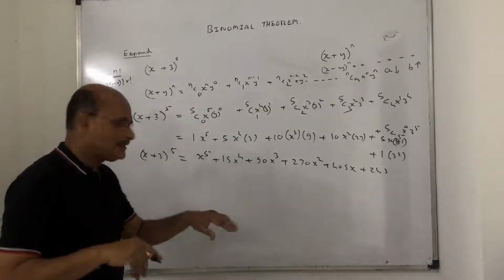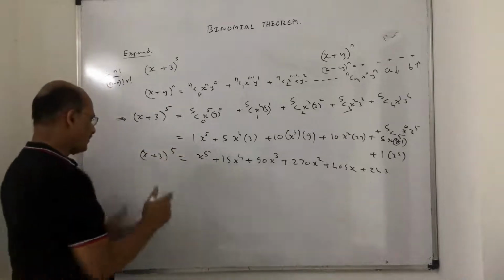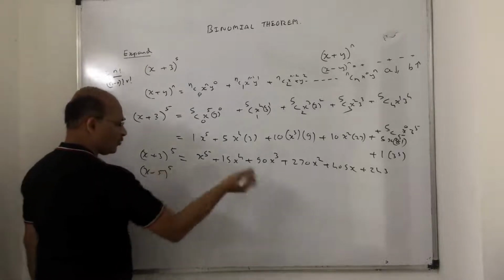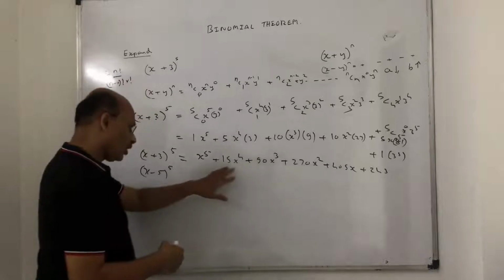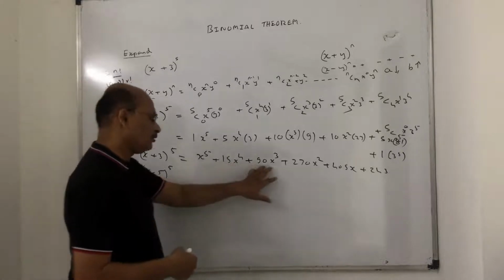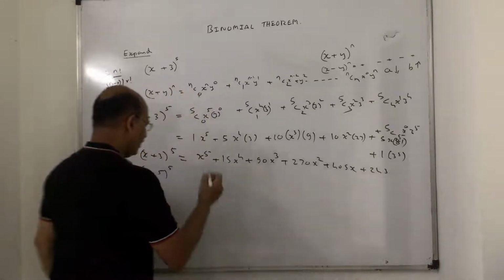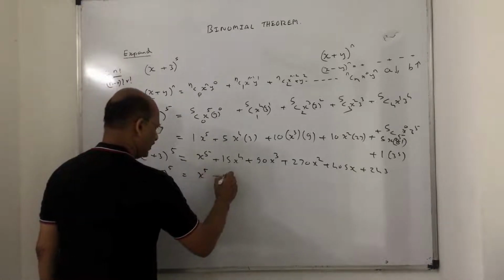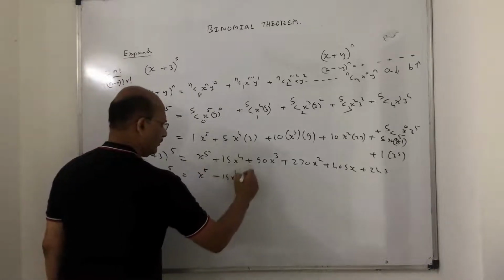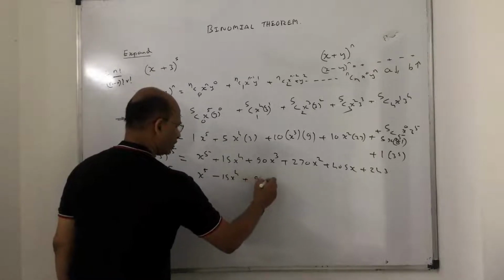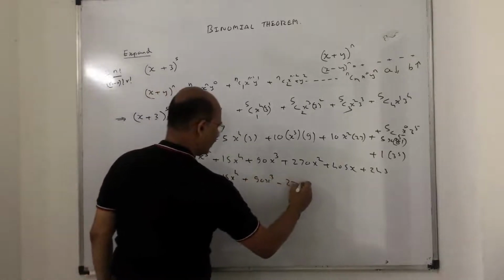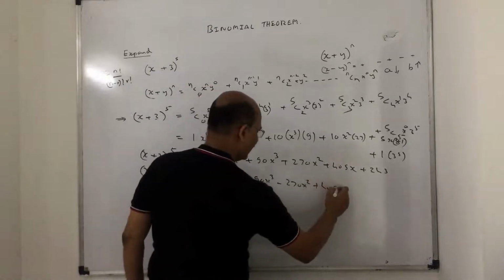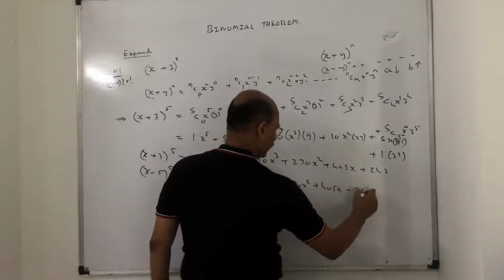Now what happens if this plus sign becomes a minus sign? There is no difference as such. Because the terms you can take as positive only, but what will happen is it will become x raised to 5 minus 15x raised to 4 plus 90x cube minus 270x square plus 405x minus 243.